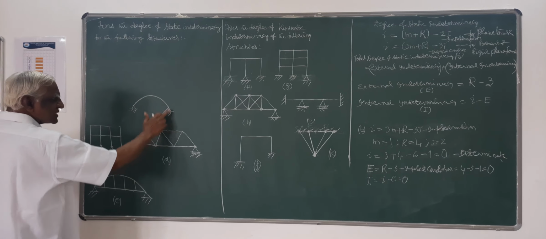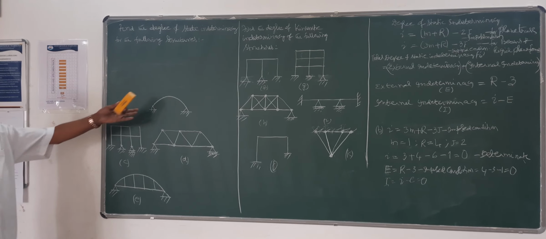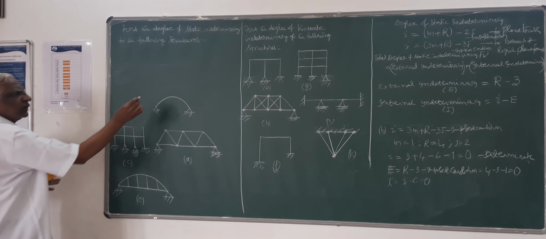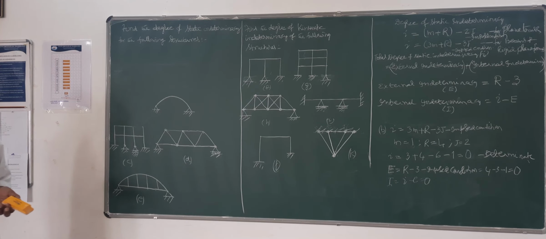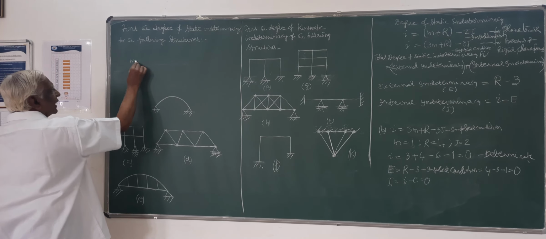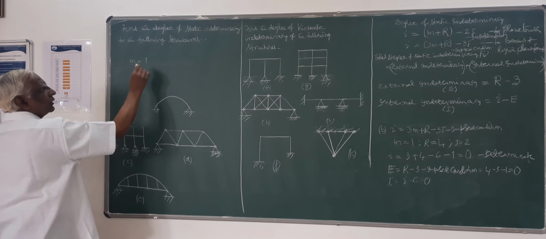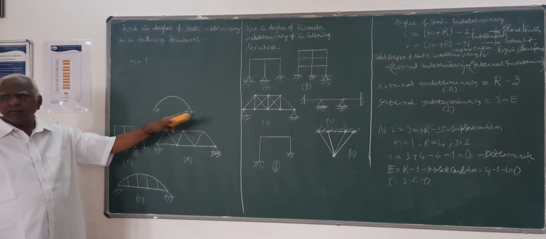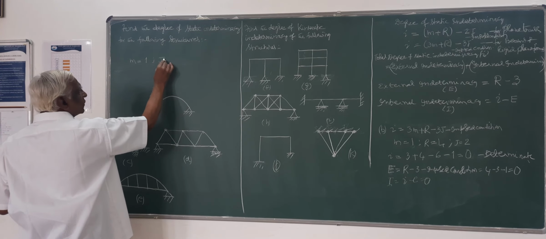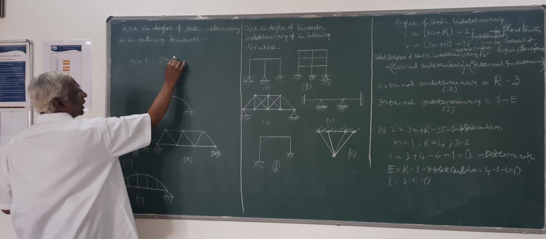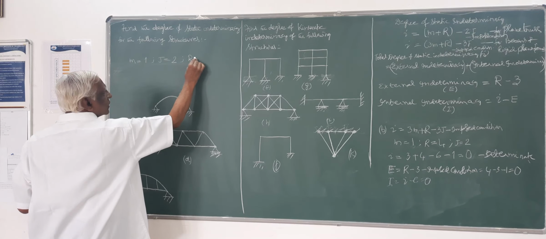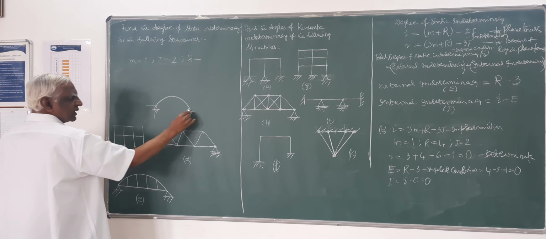So here, this is another structure similar to the arch, only the internal hinge is not there. So here again M is equal to 1, only one member, and J is equal to the number of joints, 2 joints, and R equals the number of support reactions.